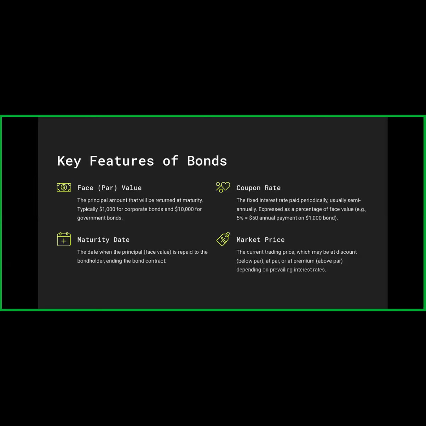For example, we issue a bond of 33 crore face value in the market, and we decide the maturity date of 10 years. That means 10 years is my maturity.